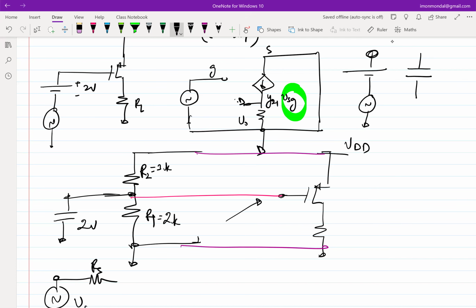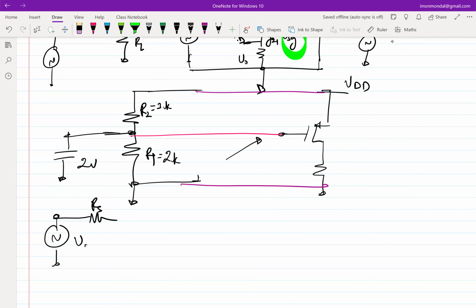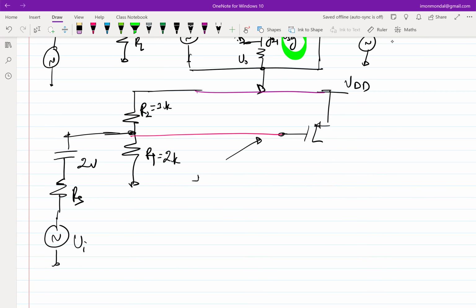And if I apply a signal source, the negative terminal of the capacitor was getting applied to the signal source, right? So we can try doing the same thing. So let's do the same thing here. Okay, so let's connect all the grounds together.